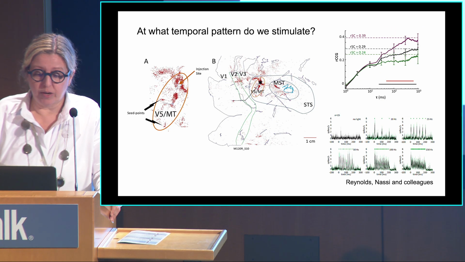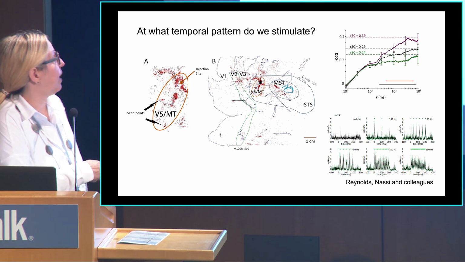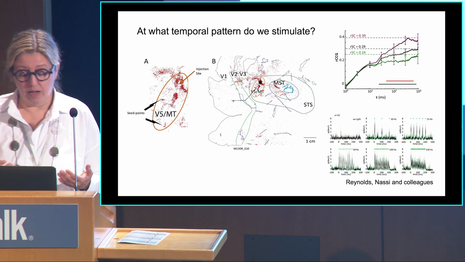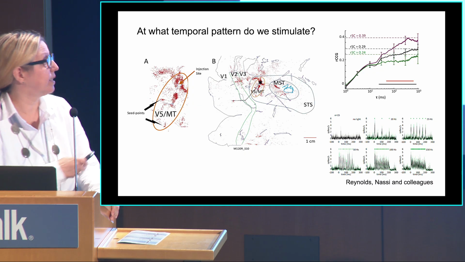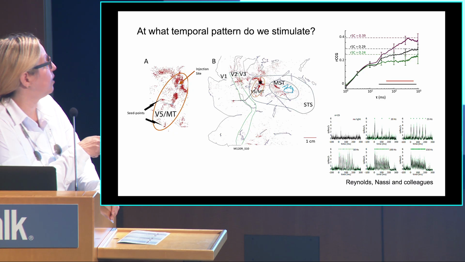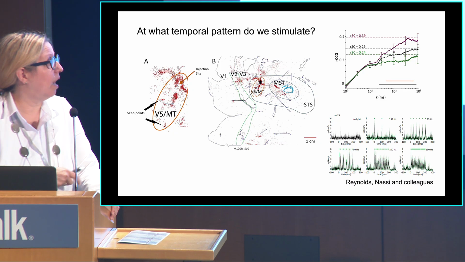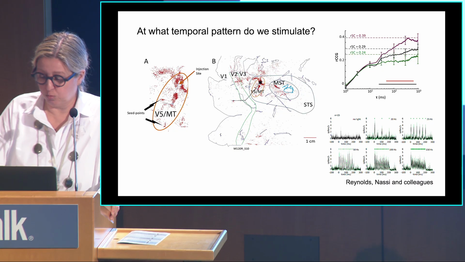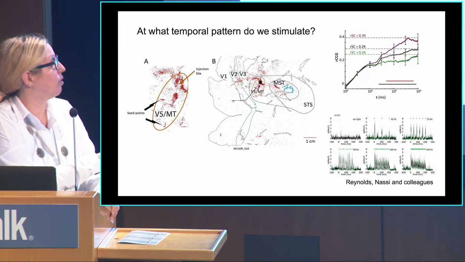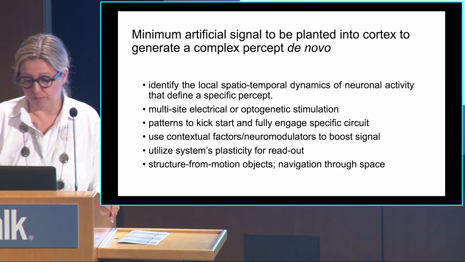The other question is that of temporal correlation, and I don't think we have to stimulate them just at the same time, but the interactions and the timescales will be important within here and potentially with higher areas. And again, optogenetics should provide the tool that we can vary the temporal signal in a much more targeted way, based on what we have seen with the interactions of neurons that are relevant to perception.